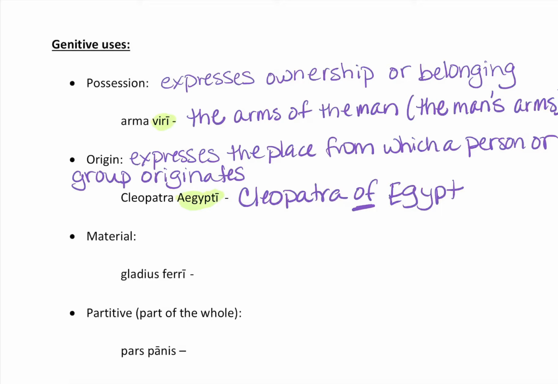Was it clay? Was it brick? Was it iron? What did you make or create something from? So it expresses the material from which something is created. That's basically a fancy word for stuff.